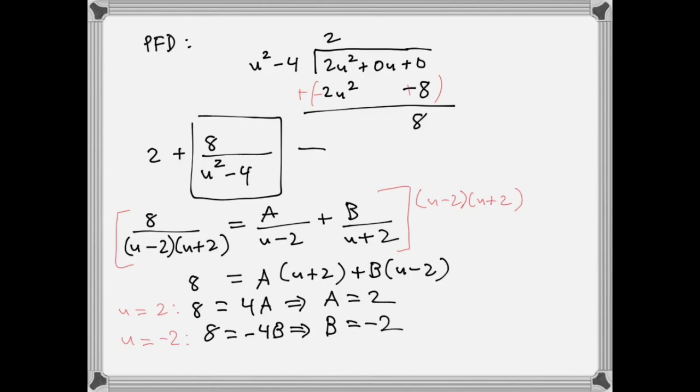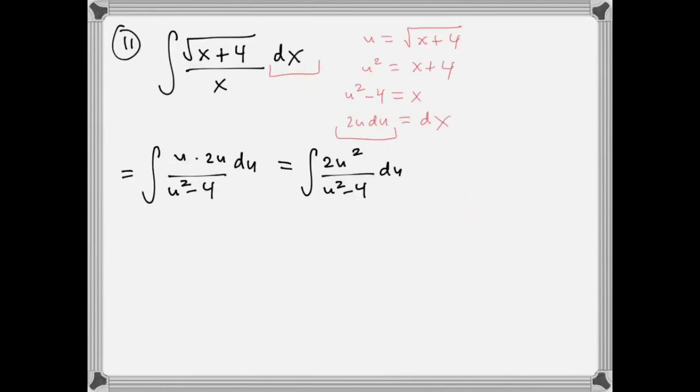This means that this guy actually equals, don't forget the 2 from the long division, right? But we have 2 over u minus 2, and then minus 2 over u plus 2, which looks very easy to integrate to me, right?